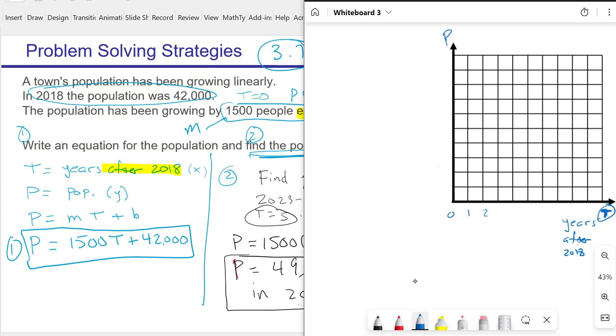So that is not going to be very easy to do with 10 boxes and get thousands and thousands of people on those 10 boxes. Okay, so I'm going to do something kind of tricky here. I'm going to rely on my starting point, 42,000, and my m number, which is 1,500. Now I'm going to turn it into rise over run by making it into a fraction, so I'm going to divide by 1.